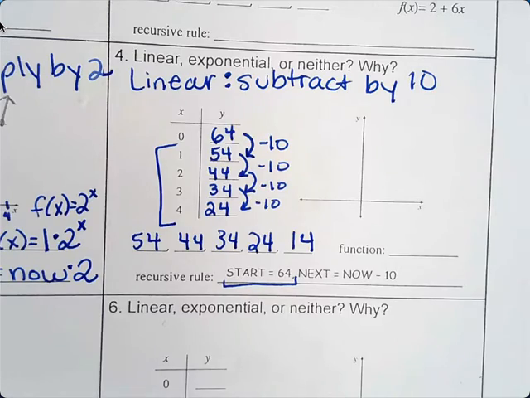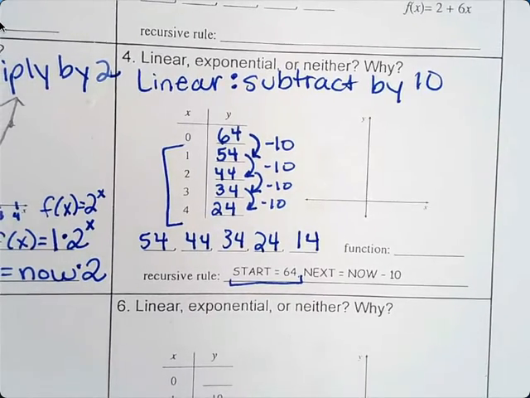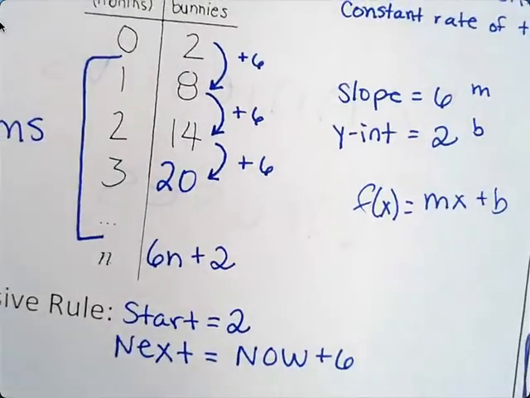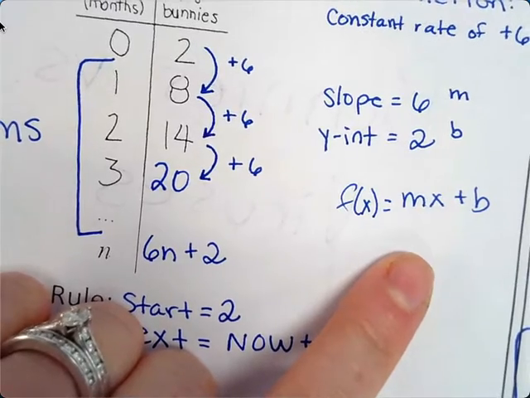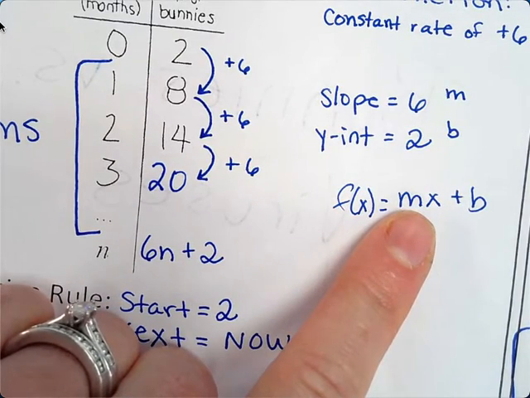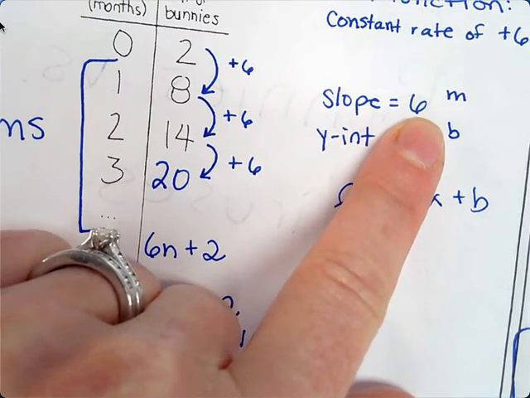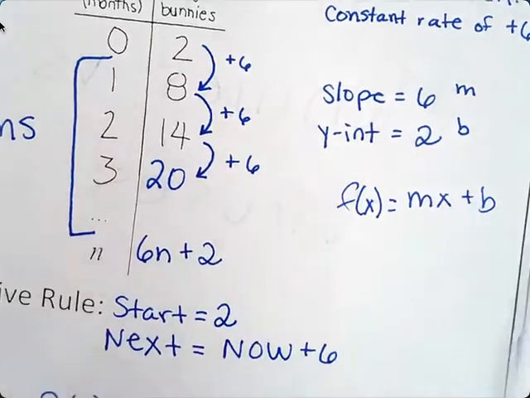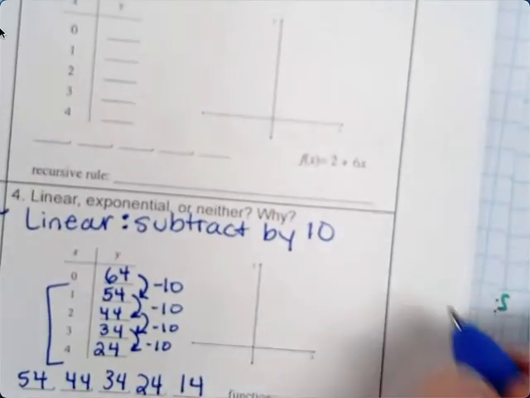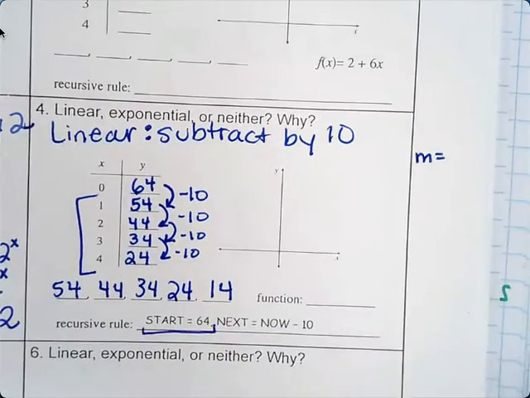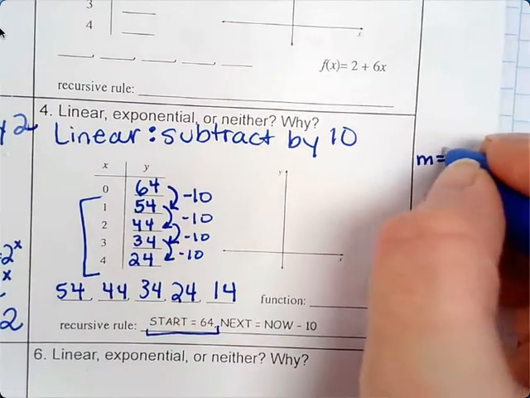Since it's linear, how is our function going to look? We need to do the mx plus b. So what does our m represent? It's the slope or the rate, and our b represents our y-intercept. So what is our rate? What is the m value? Positive or negative 10? Negative 10.